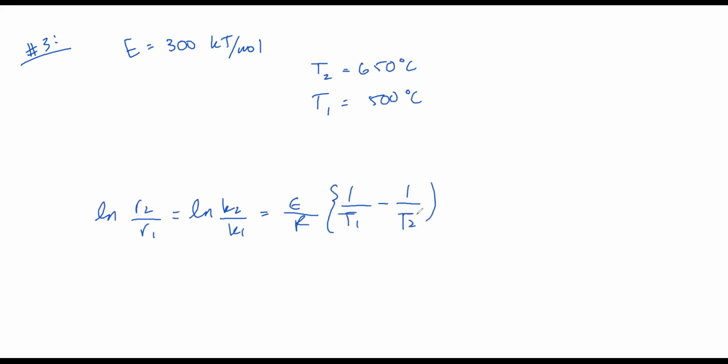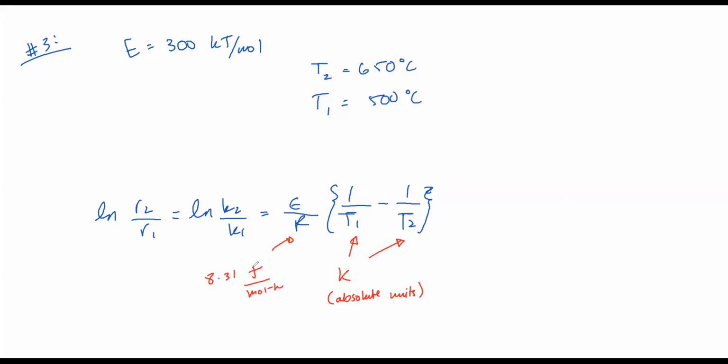And we said a few things about this. First thing is that these temperatures have to be in Kelvin, in absolute units. I cannot use Celsius for these temperatures. This R is 8.31 joule per mole Kelvin.